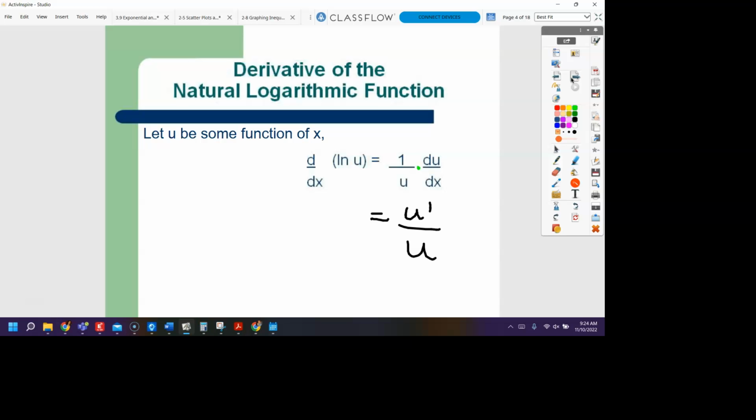I'm going to do a couple of these where I literally set them up as u prime, dy dx equals u prime over u. And then we will get to a point where you don't have to set it up that way.